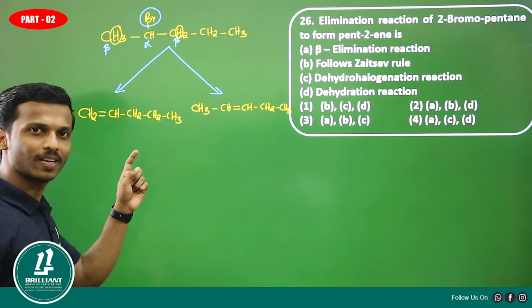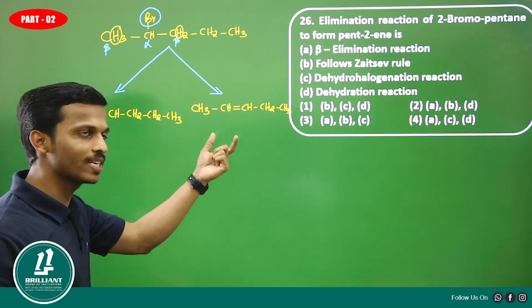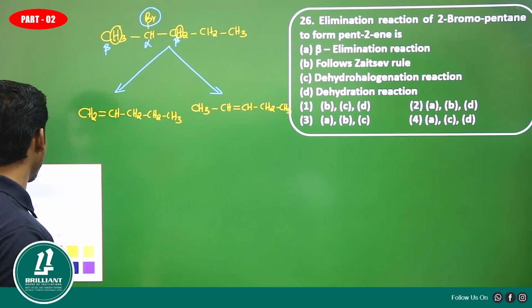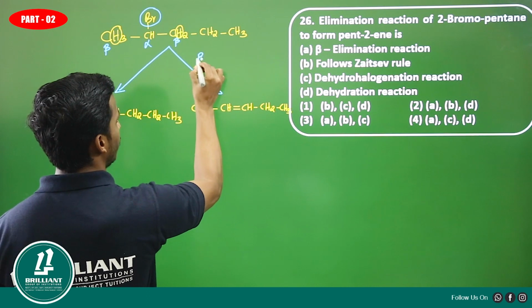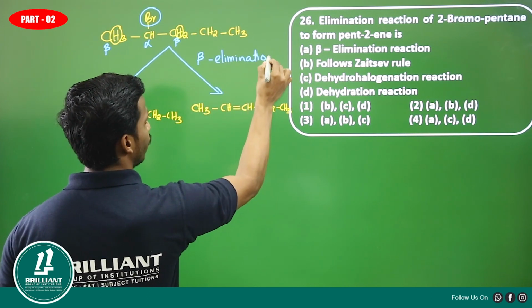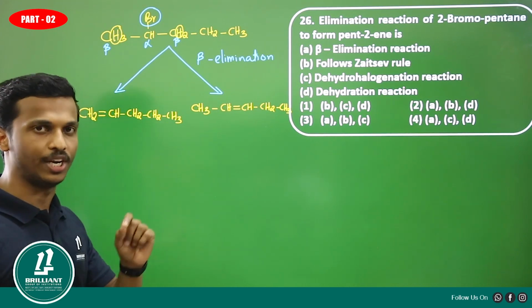What is the first product? Pent-1-ene. What is the second product? Pent-2-ene. So what process happens here? Beta elimination, right? Beta elimination takes place.